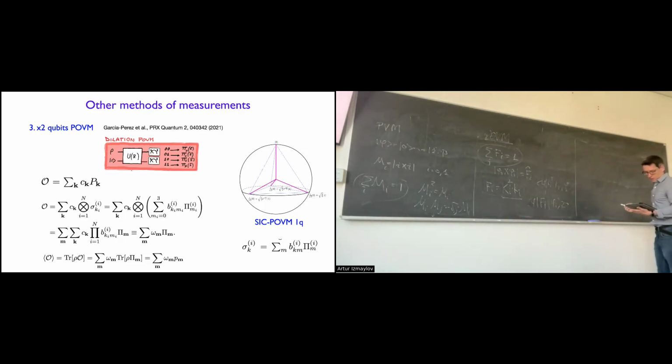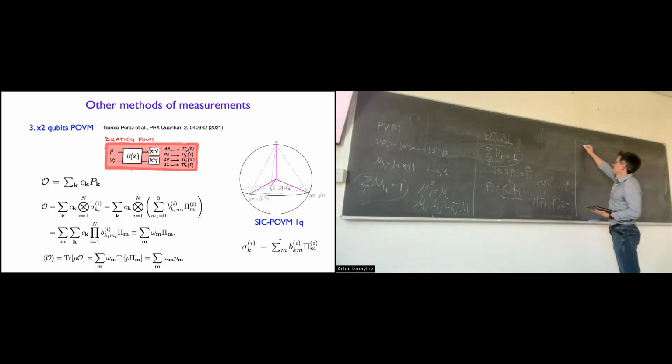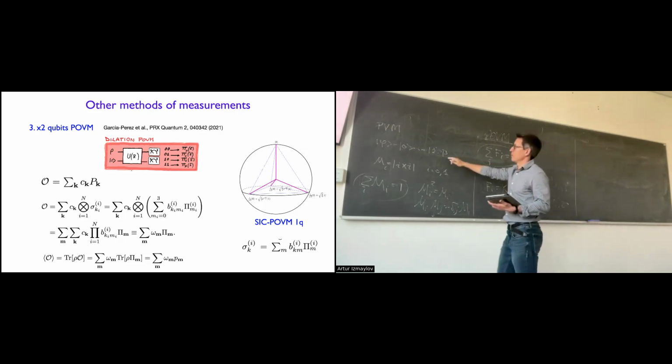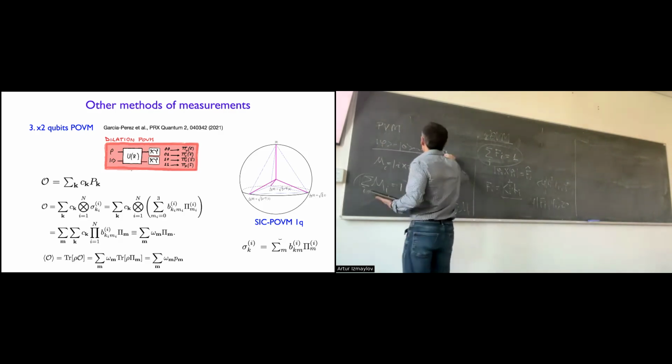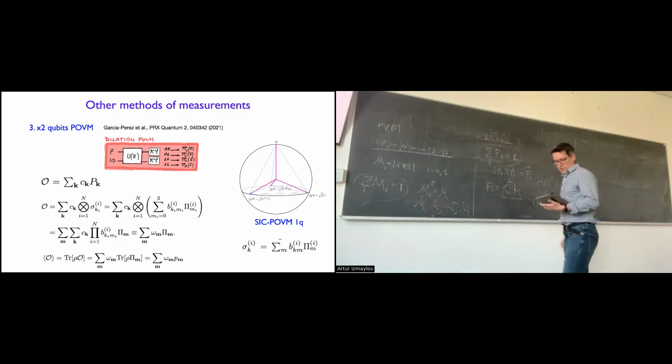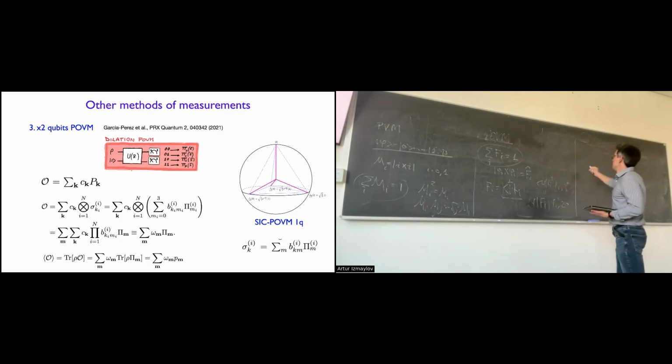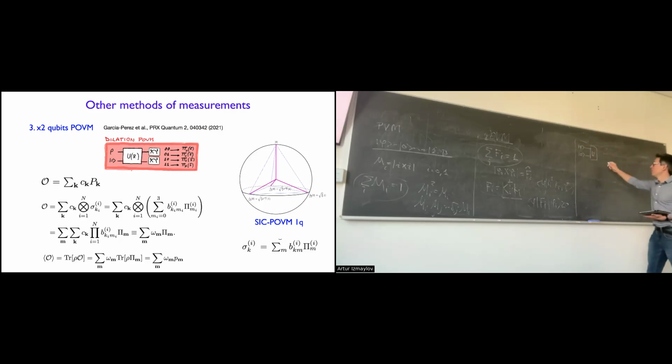Imagine we start with some superposition state like this, the psi state, and then we introduce an ancilla and do a unitary transformation that couples both.